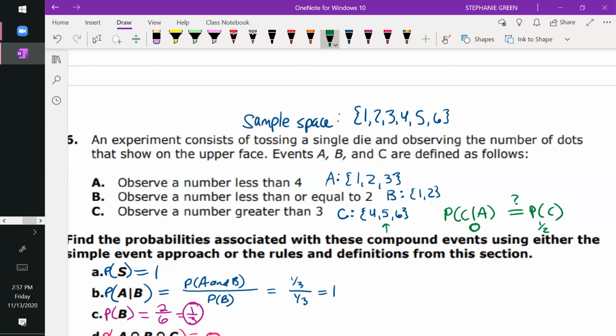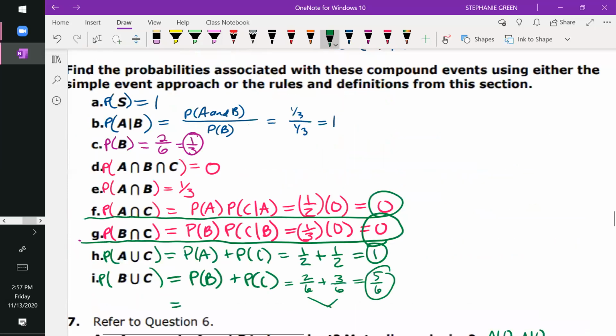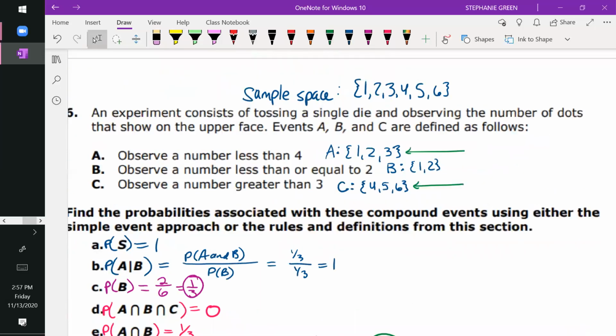Are they mutually exclusive? Yes. All 3 outcomes in A are completely different than the 3 outcomes in C. So they're not independent, but they are mutually exclusive. So no and yes. And if you're wondering why rolling a die is not independent, it's because we're talking about a single roll of the die having commonalities between different events.